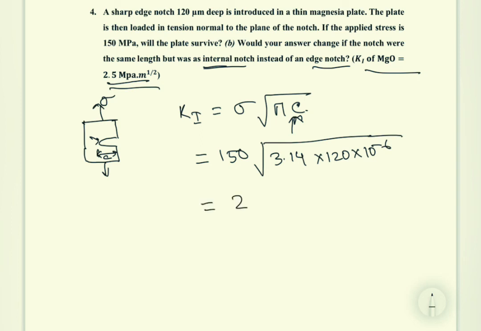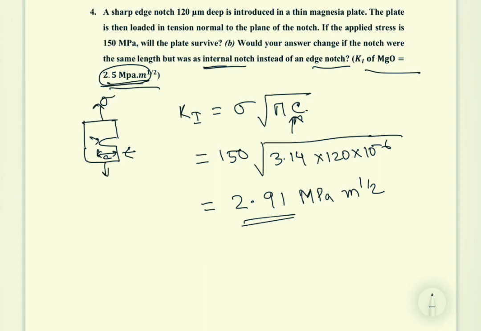So this would be 2.91 MPa meter to the power half, and here magnesia has 2.5, so obviously it is higher. So because of this edge notch, this plate cannot survive, it will crack and break easily. So it won't survive.